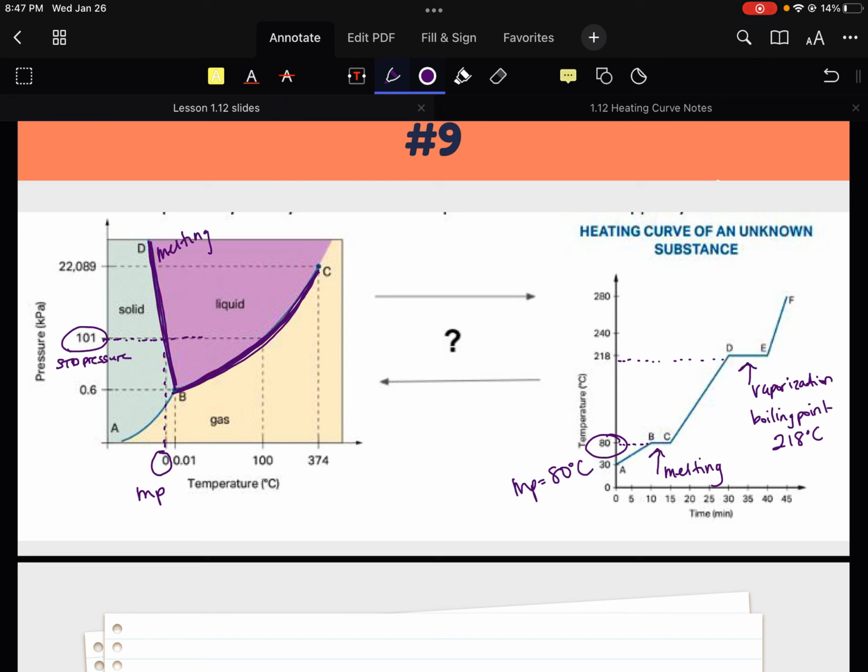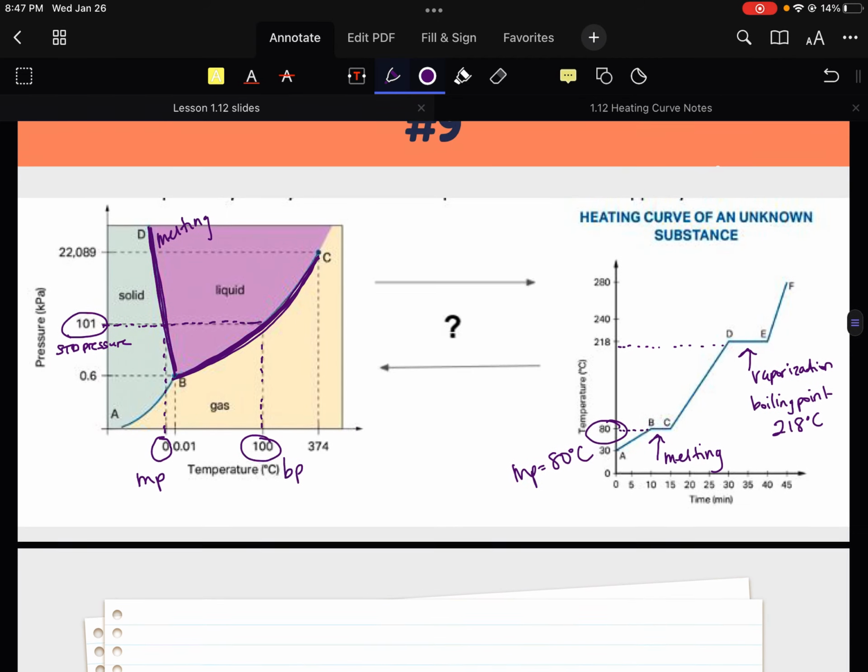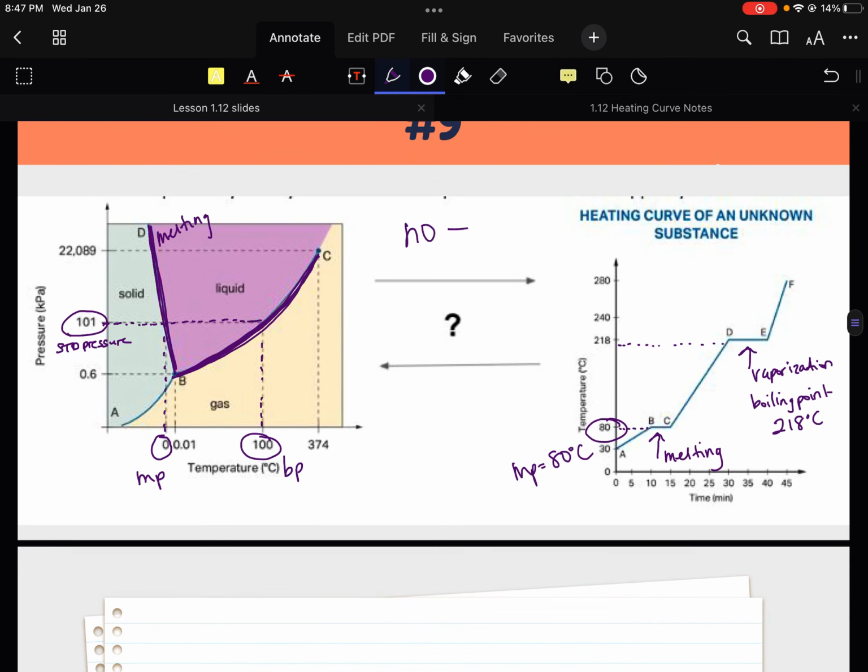Let's move over here with our standard pressure, and then we go down, and this is 100 degrees Celsius as the boiling point, which also does not match my unknown substance. So my answer would be no, it's not the same. And my two pieces of evidence are that my melting point and boiling point are different.